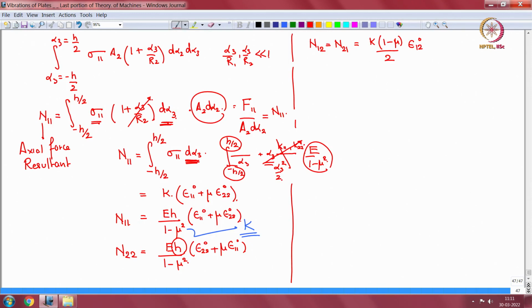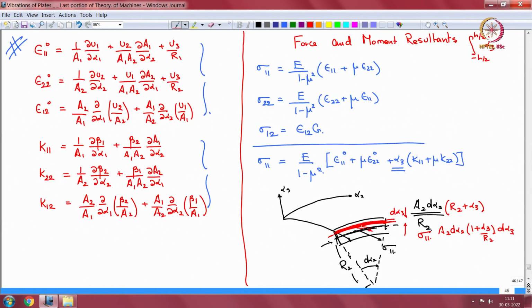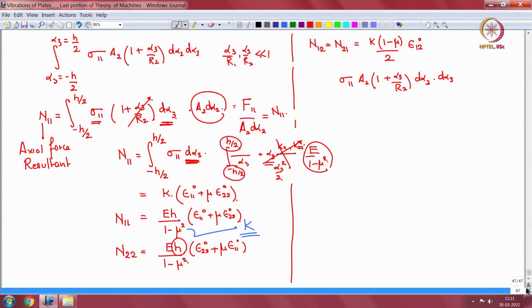Okay. Now for the moment resultants, what happens for the moment resultants? I have sigma 11 multiplied by a length at a height alpha 3, multiplied by the d alpha 3. Okay. So that gives the full force. Okay. However, we multiply by the height alpha 3, that makes it a moment.